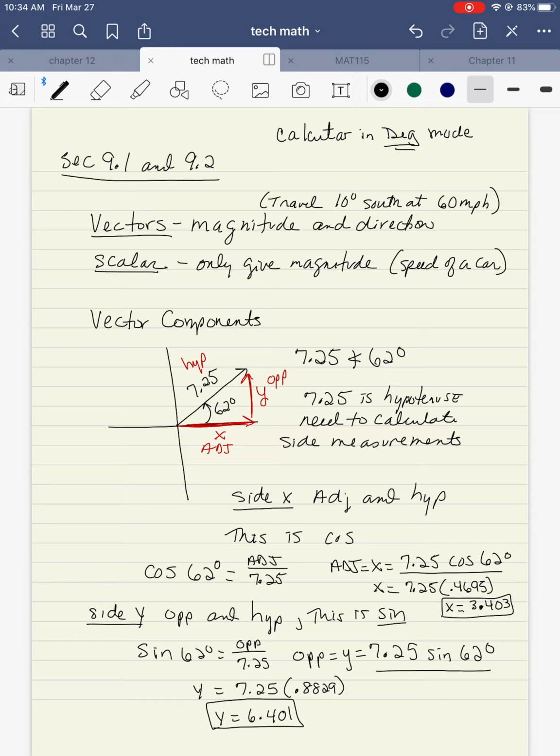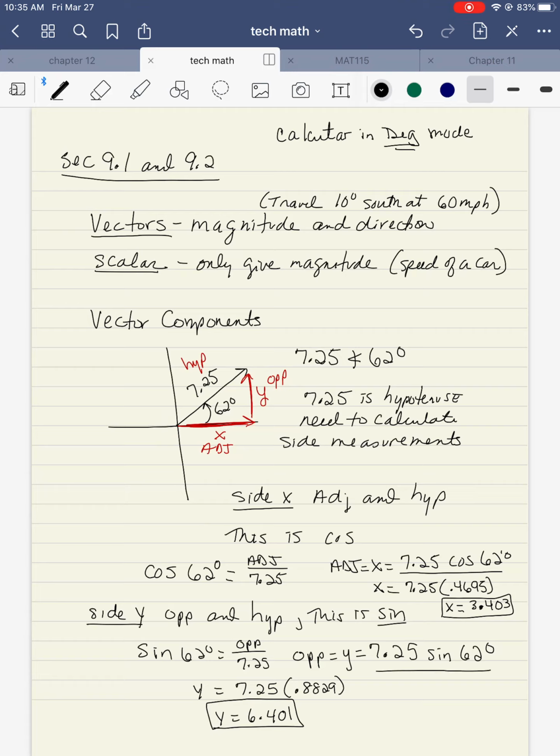Multiplying both sides by 7.25, x is 7.25 times the cosine of 62. The cosine of 62 degrees is 0.4695. 0.4695 times 7.25 gives me my x distance, which is 3.403.